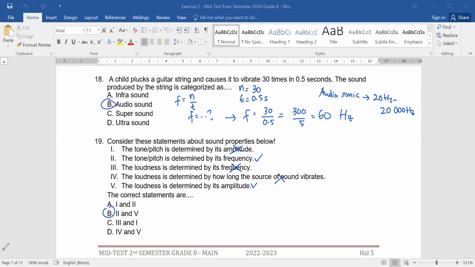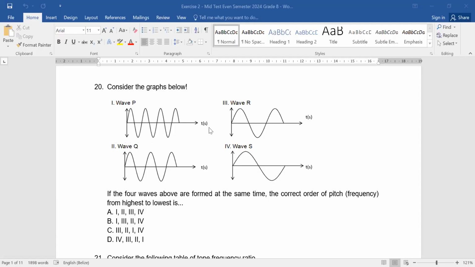Okay, the next one, question number 20. All right, you are given 4 waves here, and you need to find the correct order of pitch or frequency from the highest to the lowest. The highest frequency means more waves in a second or in a certain unit of time.